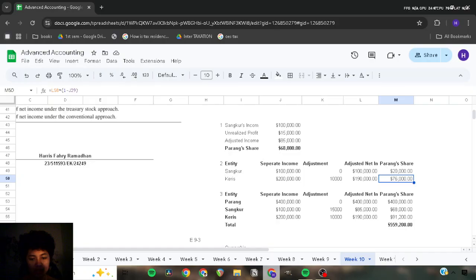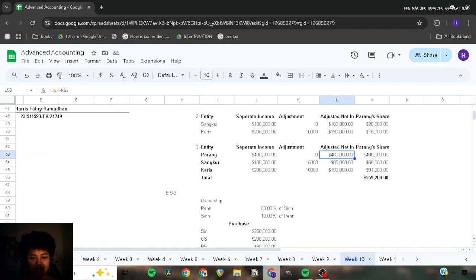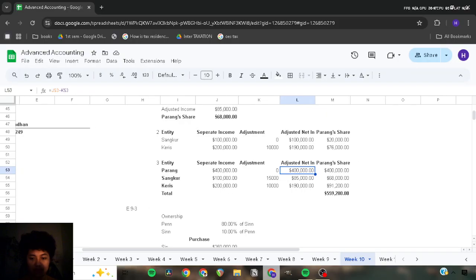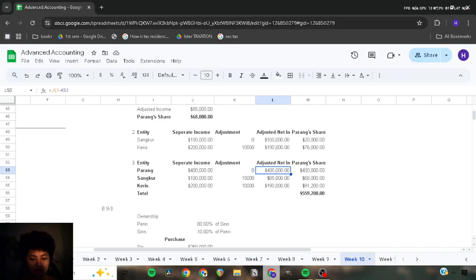As for number three, this is also an income allocation schedule. We have separate income, but then there are adjustments, and we are told to calculate the controlling share, not the NCI share. What I did here is that the parent is the parent, so it owns 100%.